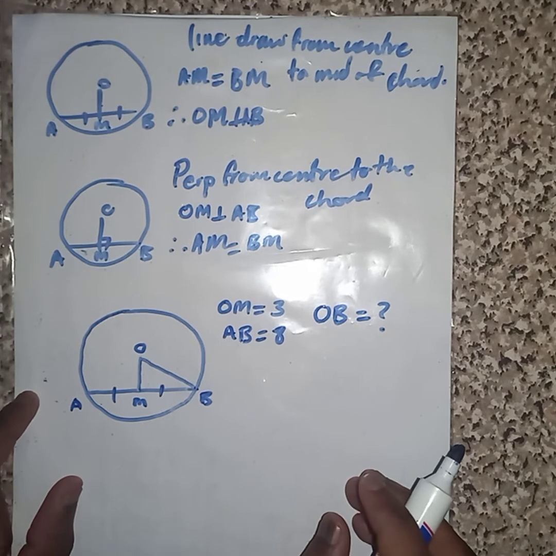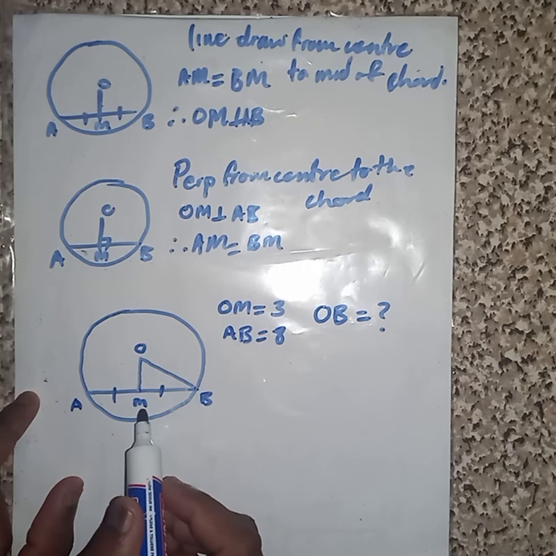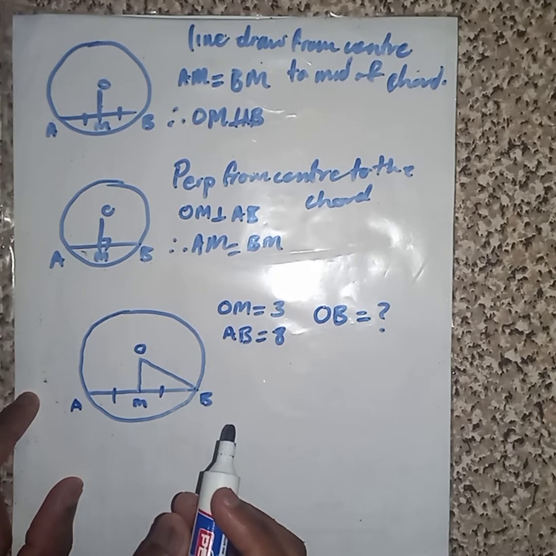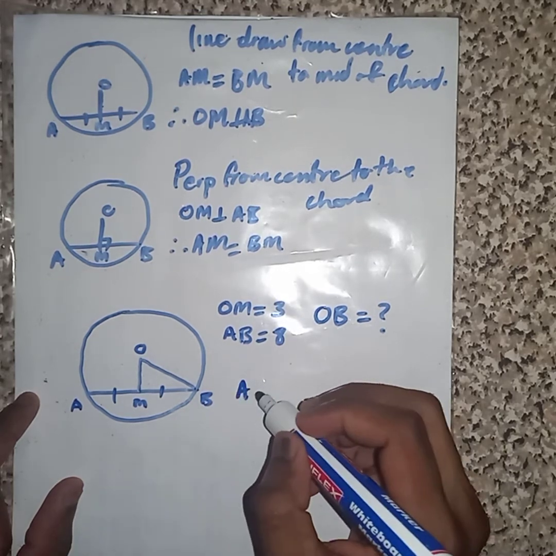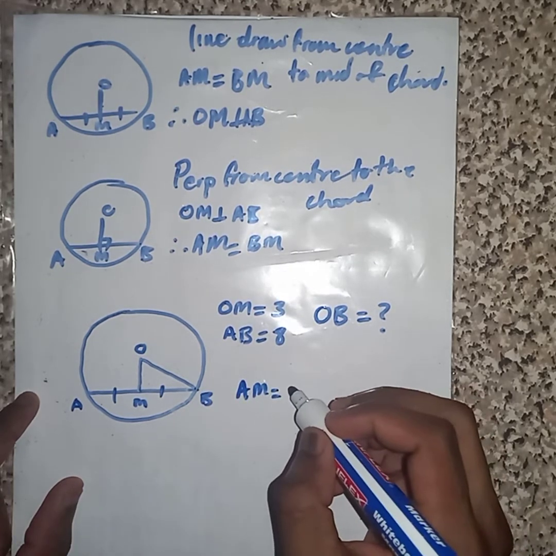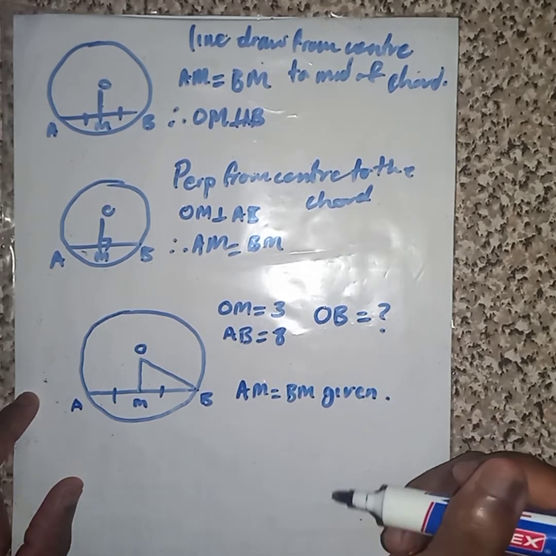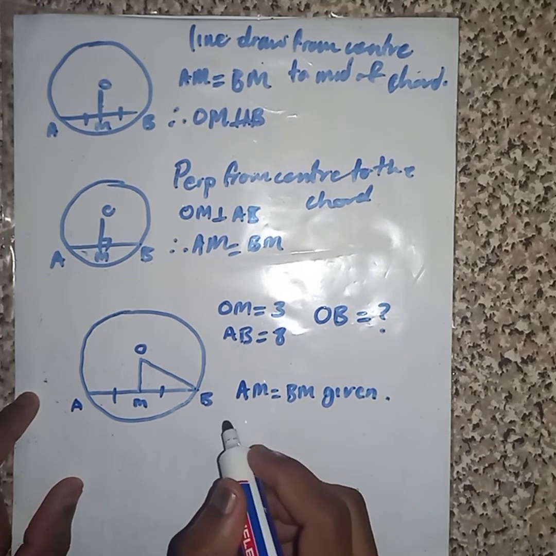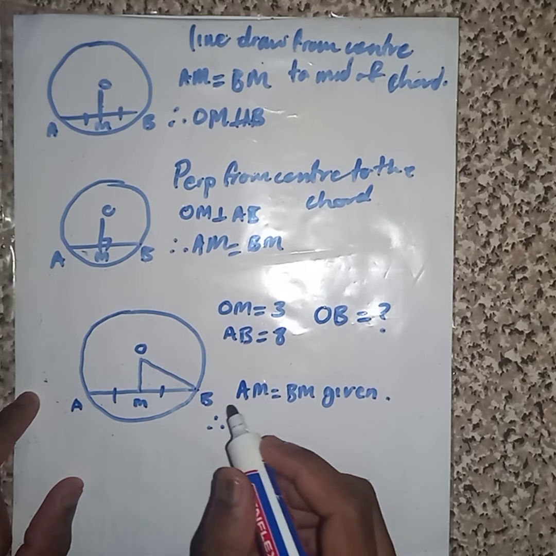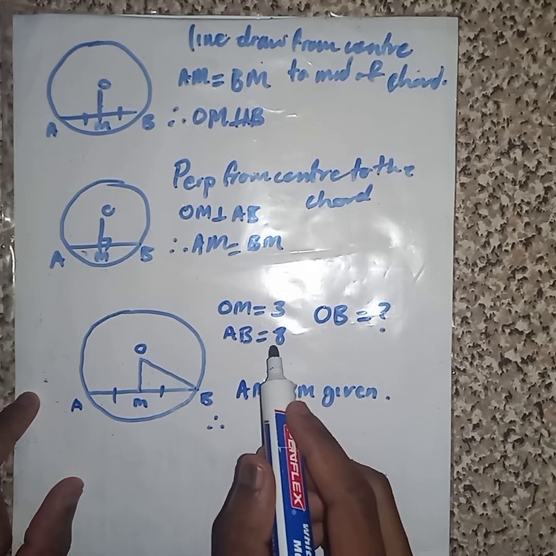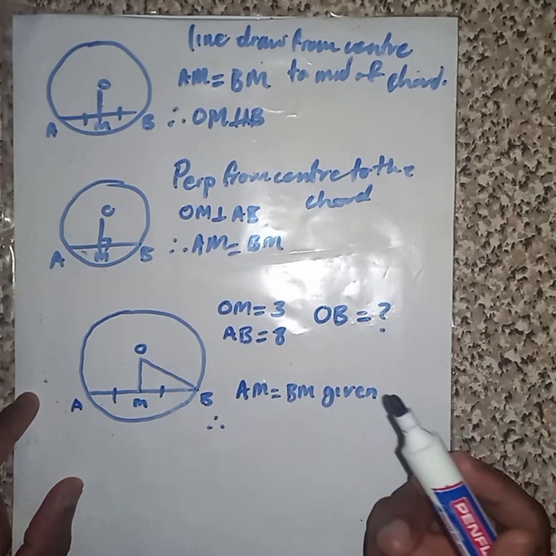They said to us that AM is equal to MB. This one is given. Therefore, at this point we know that each will be equal to 4.